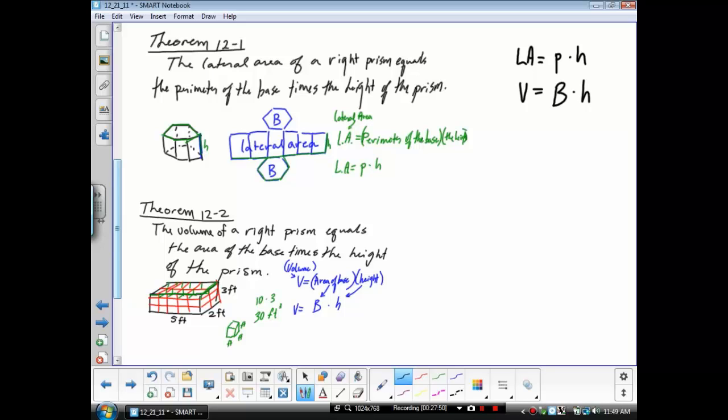The total area is your lateral area plus the area of the 2 bases, because it is your total area. And if you're talking lateral area, you're only talking about the area of this lateral surface. So total area is that area plus the 2 base areas. So lateral area plus 2 base areas.